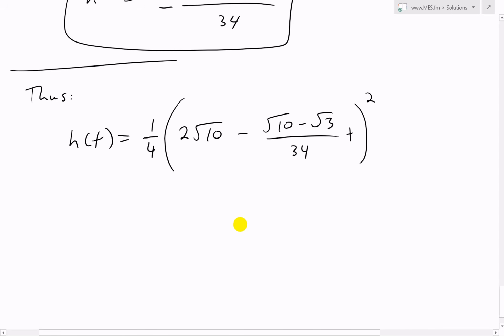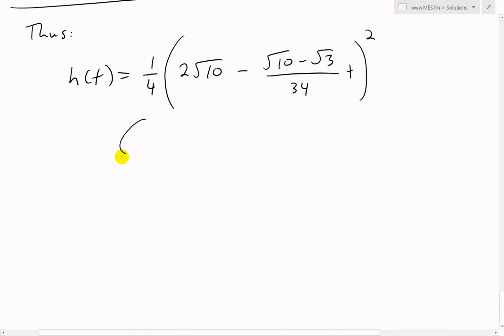Now you could simplify this further, so my calculus book expands this. Again, remember the foiling method. Recall, a minus b squared is the same thing as writing a minus b times a minus b.